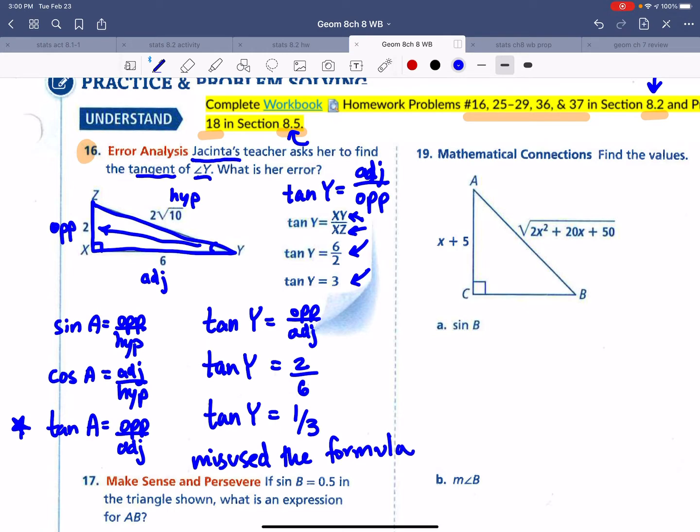So what does that mean here? Well, our opposite side is xz, and our adjacent side was xy. And notice she flipped those upside down.